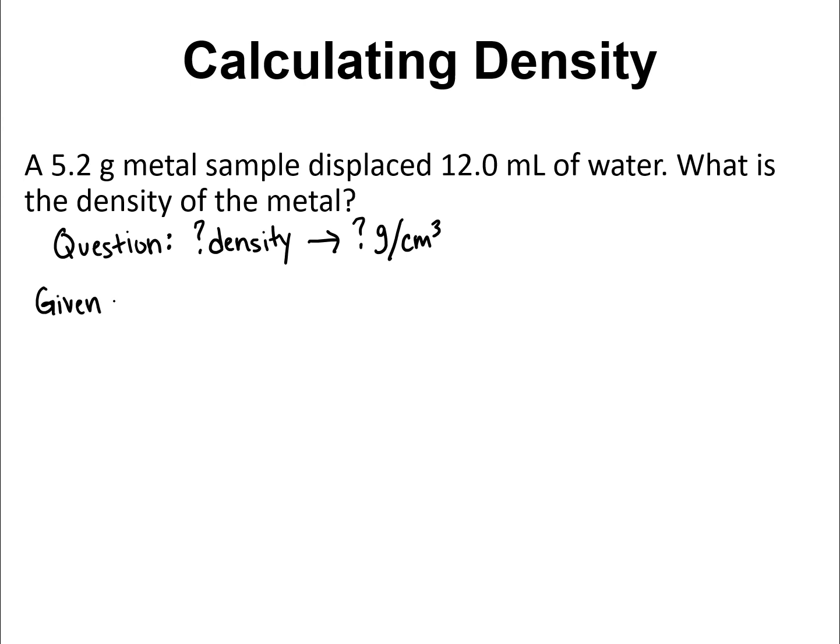We also know that we can only have 2 sig figs here. The mass only has 2 sig figs. This volume has 3 sig figs, but we have to go with the lowest, and that's 2.